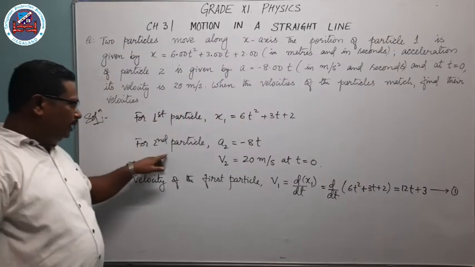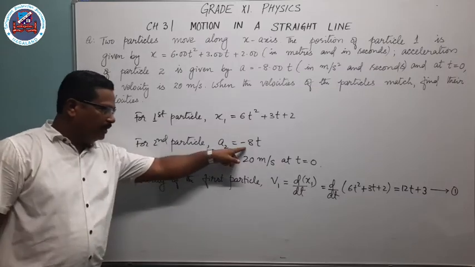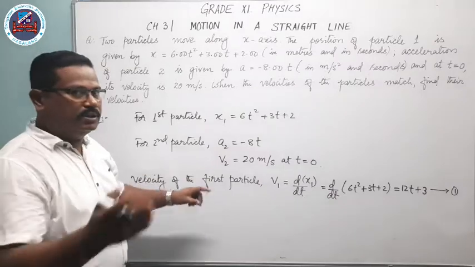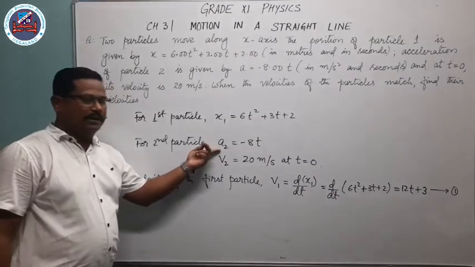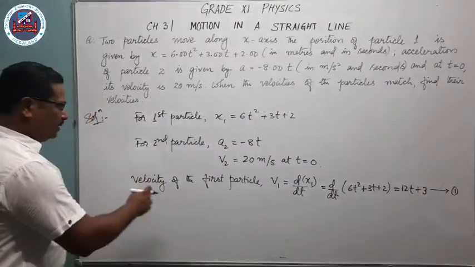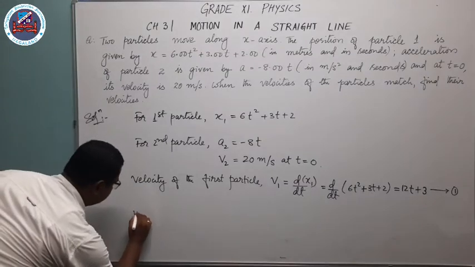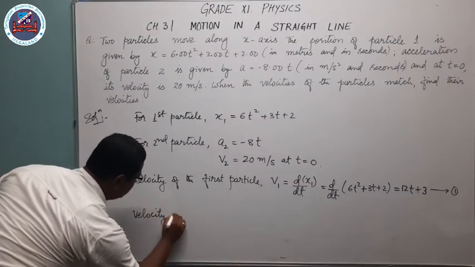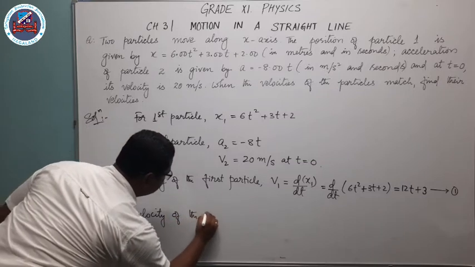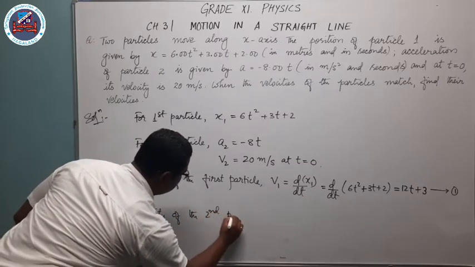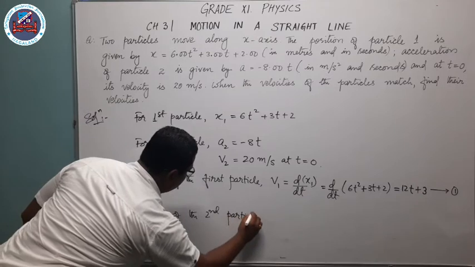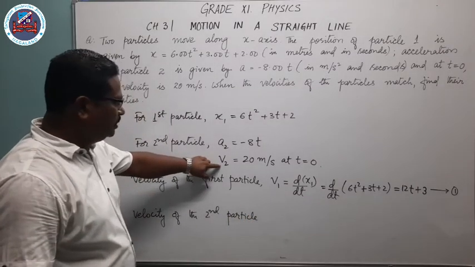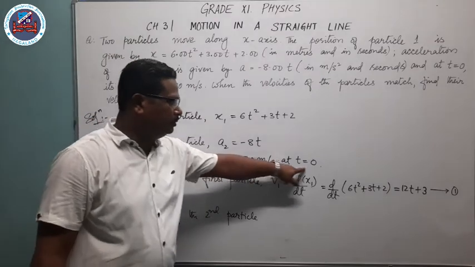Now, from the acceleration of the second particle, we'll get the velocity. To get velocity from acceleration, we'll have to integrate it. So, to get the velocity of the second particle, now you will be thinking that the velocity of the second particle is already given, but it's given only at t equal to 0.